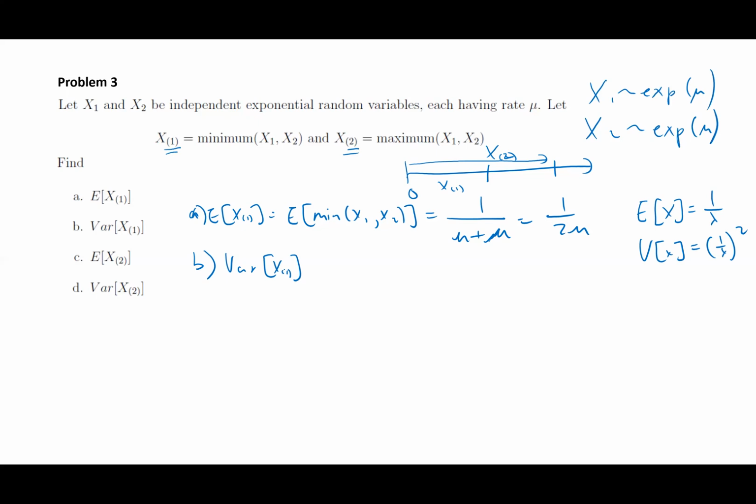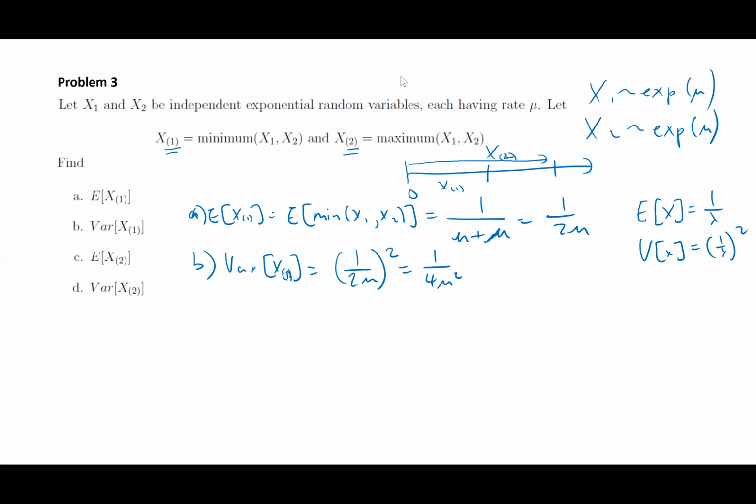So the variance of the minimum of X1 and X2 is simply 1 over 2 mu, which was my expected value, the entire quantity squared, so we get 1 over 4 mu squared.